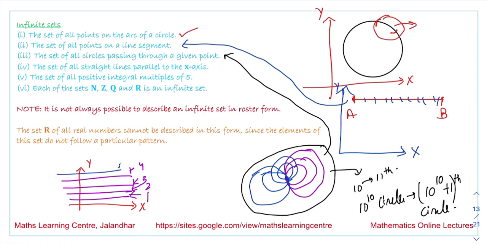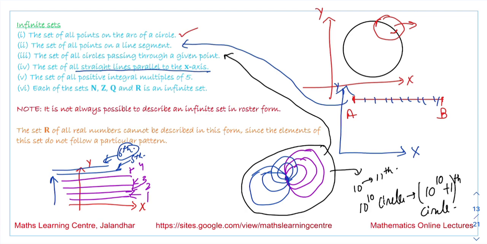We can draw another line over here, this will be the fifth line. After this we can draw another line, this will be the sixth line. In this way this counting will not stop at some point. So the number of elements in this set is infinite. So the set of all straight lines parallel to the x-axis is an infinite set.